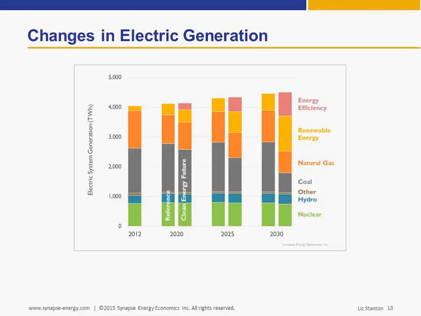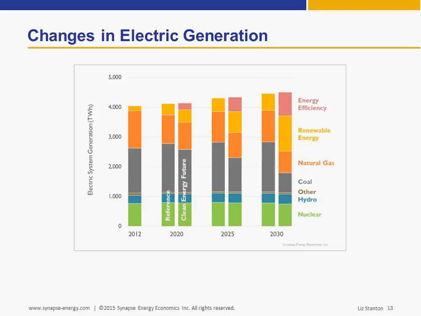Another question here about including the cost of expensive investments in energy efficiency and renewables. Would including these costs or not lower consumer bills? We're including the costs of energy efficiency and renewables in both scenarios. So in the reference case, as well as in the clean energy future, we have energy efficiency and renewables.